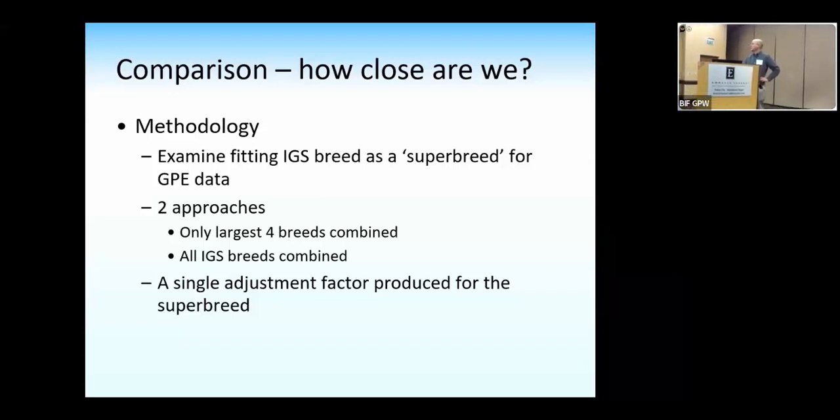I did this two different ways, where just the largest four breeds in IGS were used. That would be Gelbvieh, Simmental, Red Angus, and Limousin. And then where all the IGS breeds that we have in GPE, which totals 9, were compared in a super breed at the same time and produced that single adjustment factor both ways.